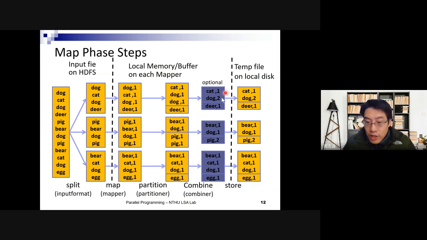So if we could combine the result locally at each mapper, then we can reduce the amount of data transferred to the reducer side. So it can speed up our computation and reduce network consumption. So the combiner is actually an optimization in the MapReduce framework. But there are some limitations we will mention.